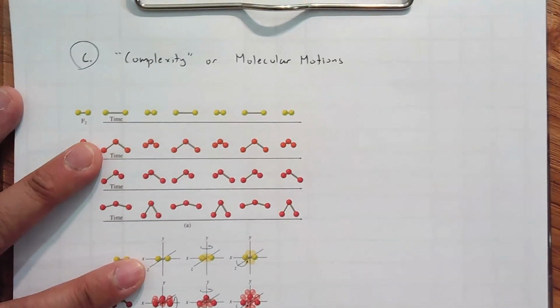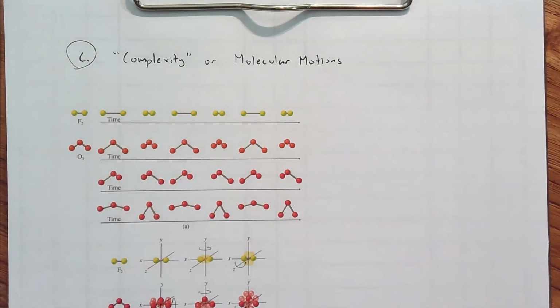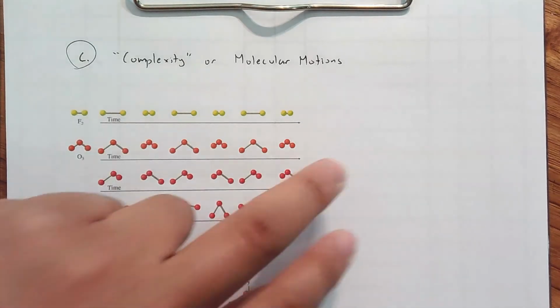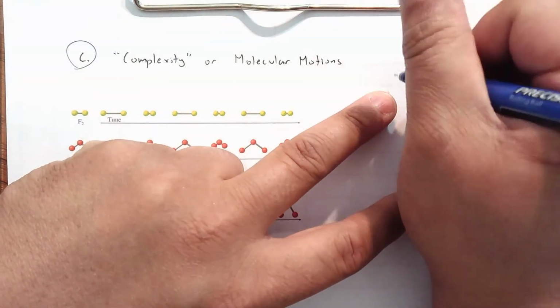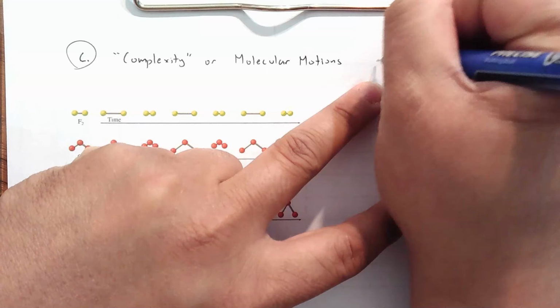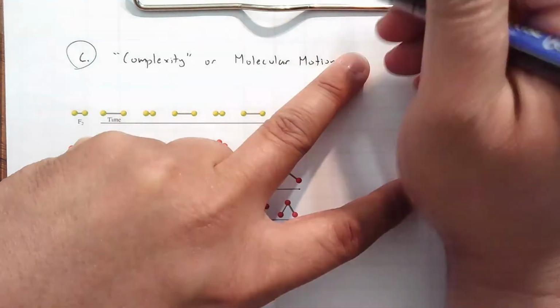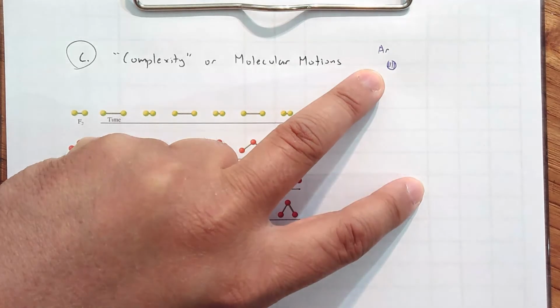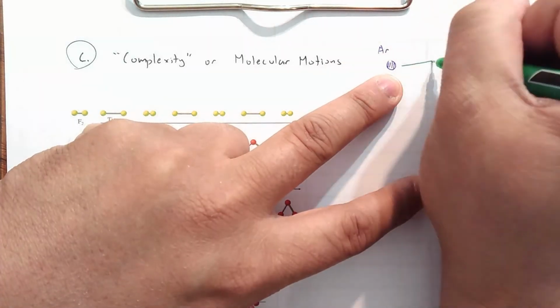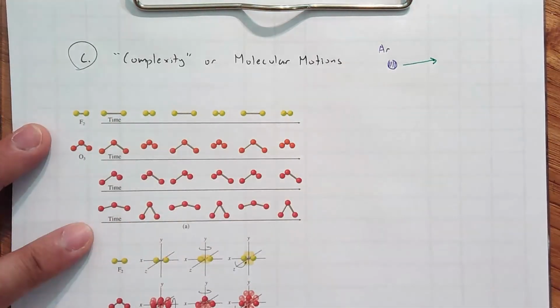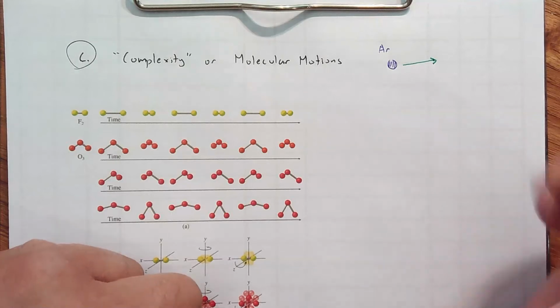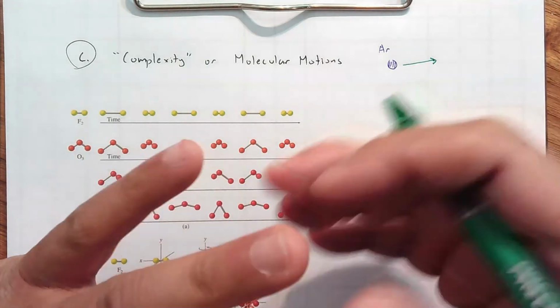Now, we know that molecules, specifically gas molecules, go in straight lines. So that's a motion. Here we have maybe argon, and we know it travels in a straight line. But other gas molecules, it doesn't have to be monatomic, travel in straight lines.